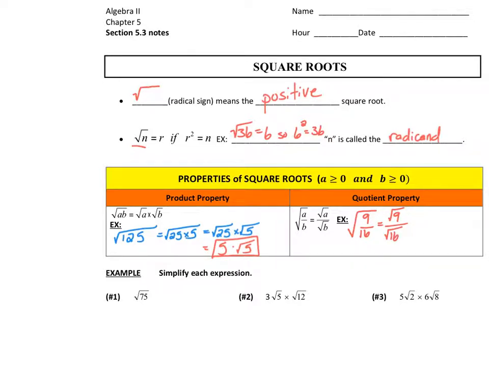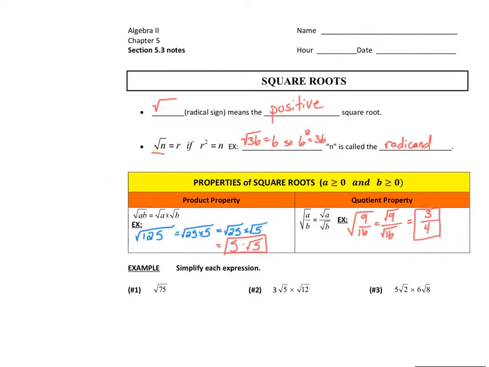Okay, and then we can actually reduce these because the square root of 9 is 3 and the square root of 16 is 4. So we end up getting 3 over 4. So we started with the square root of 9 over 16 and it reduced down to 3/4. So the product rule and the quotient property. And then we have a few examples to go through.